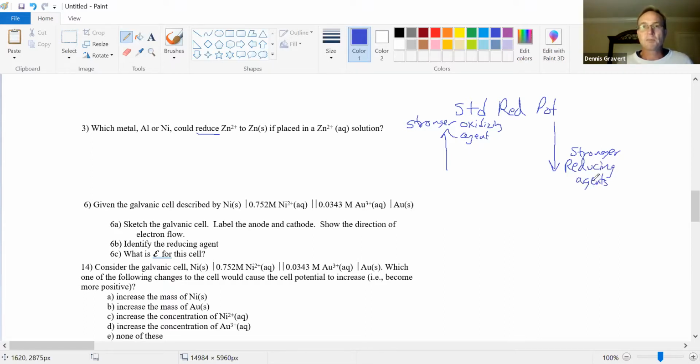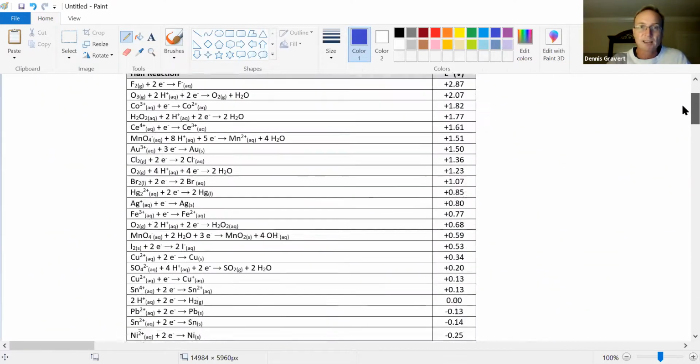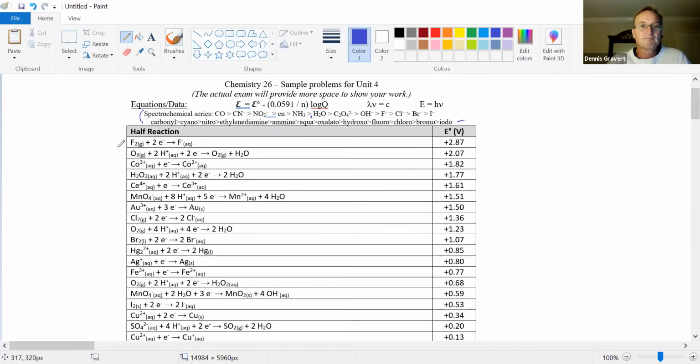And I'll admit, sometimes on the exam, when I look at this, I wonder, wait, was it stronger reducing and stronger oxidizing? Which way was which? We'll go and look and see what makes sense. So it is this correct way. Oxidizing agents are stronger going up on the reactant side. So if you go up here and you say, oh, F2, what are you getting?